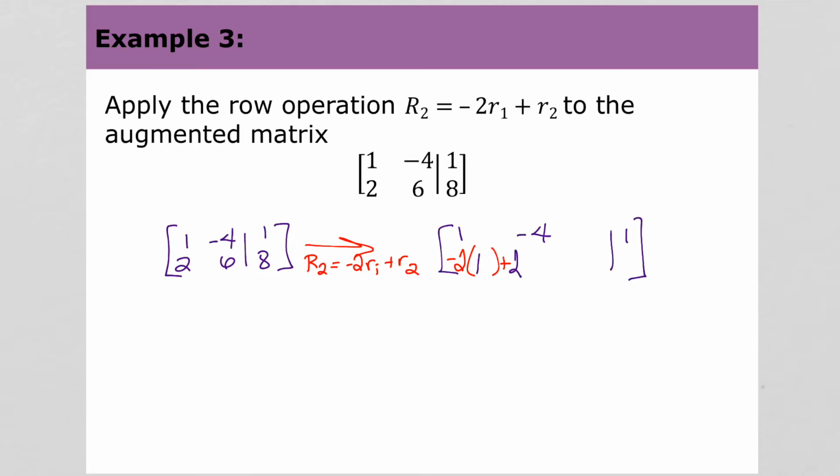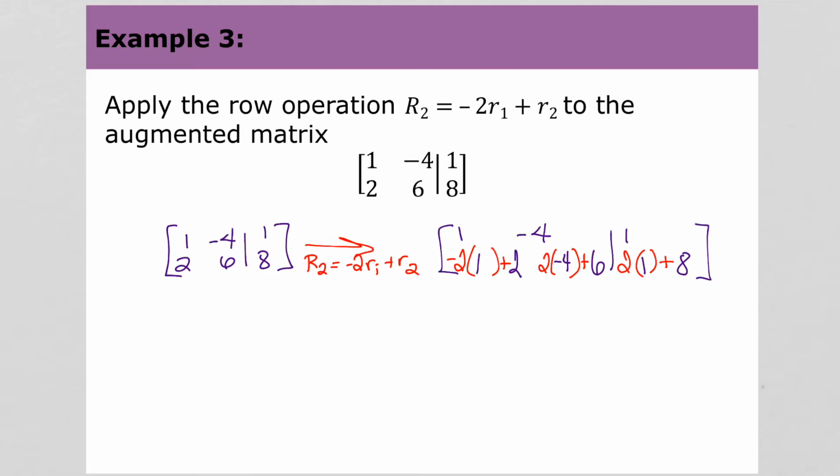For the second spot, we do 2 times row 1, the spot right above it, you can see, plus what was already in row 2, which was a 6. And then the last spot, I need to move my bracket over. 2 times row 1 plus, so row 1 is 1, plus what was in row 2, which was 8.